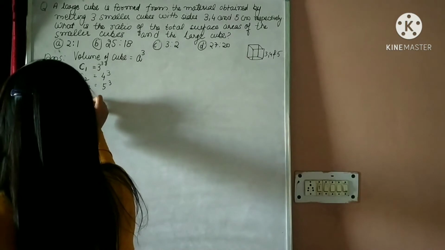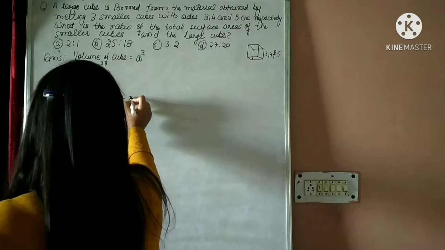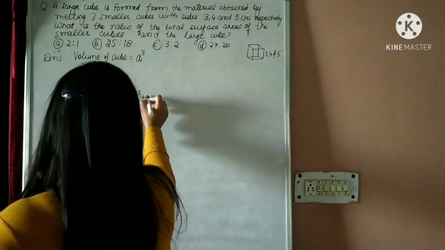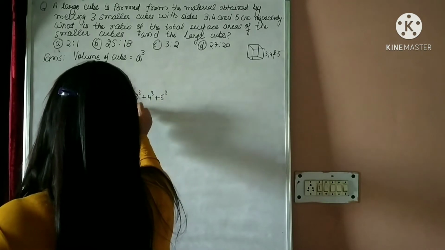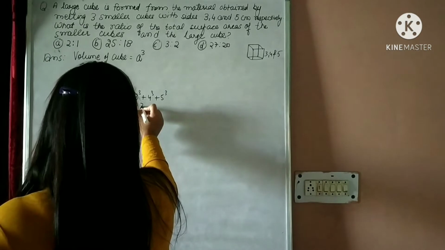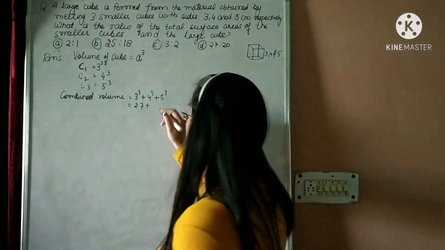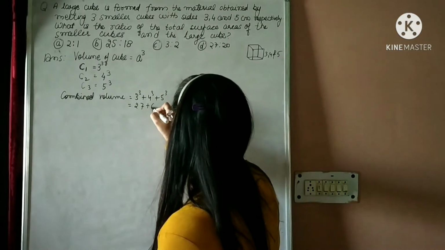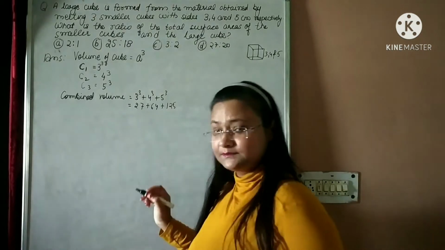We will find the combined volume of these cubes: 3 cube plus 4 cube plus 5 cube. So it will be 27 plus 64 plus 125.